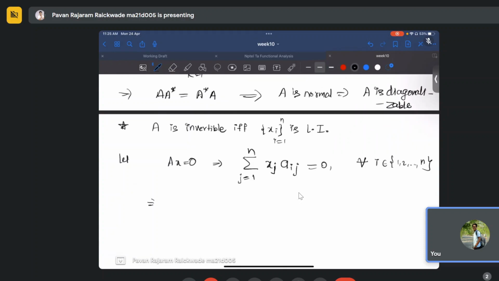I should not call it xj here, since we already have xj. Set a vector z with Az equal to 0. This is zj.